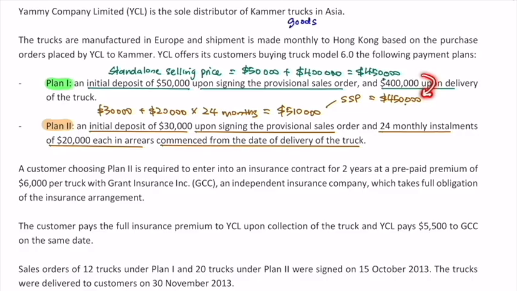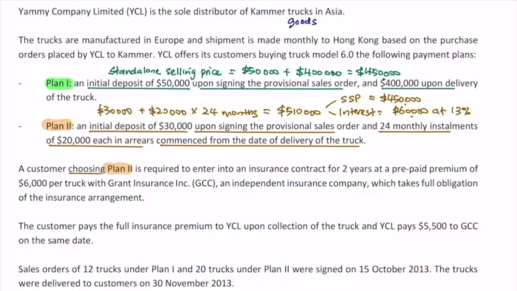Whether you sell the truck now and receive now, or sell the truck now and receive in the future, the standalone selling price of the truck should be the same, $450,000. But obviously, if you sell the truck now and receive later, you receive more. It equals 510 minus 450. The company received an extra 60,000. This extra 60,000 represents the significant financing component. This will be at 13% per annum.